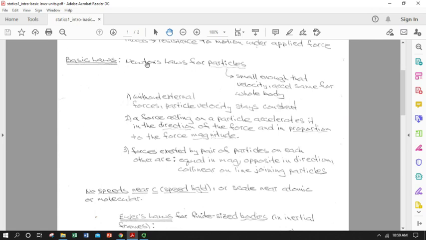Basic laws, a little physics review here. We will be leveraging Newton's laws every day, so it will become kind of natural for you. So Newton's laws of motion can either be applied to something that can be approximated as a single point or as a whole body. And we'll start with single points, but what you really need to do is get used to thinking of Newton's laws applying to bodies with distributed mass.